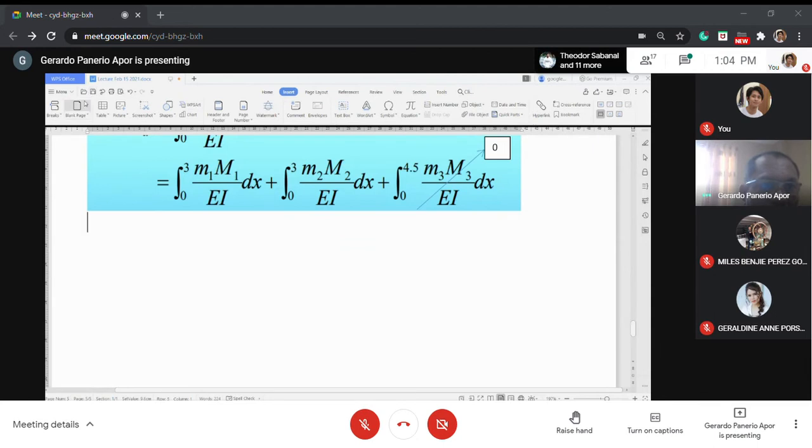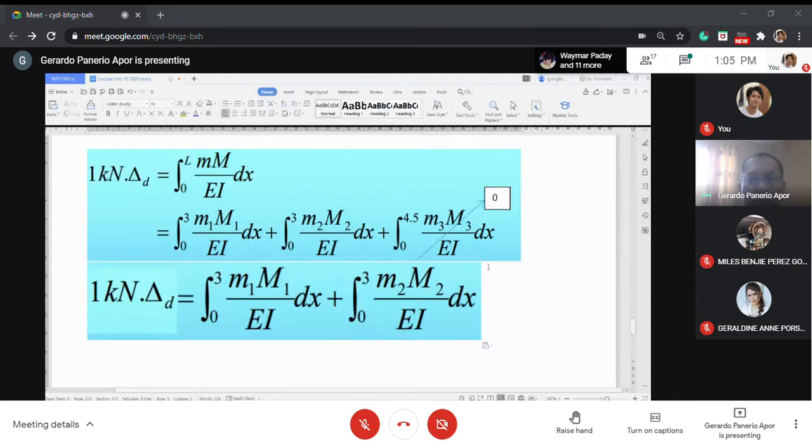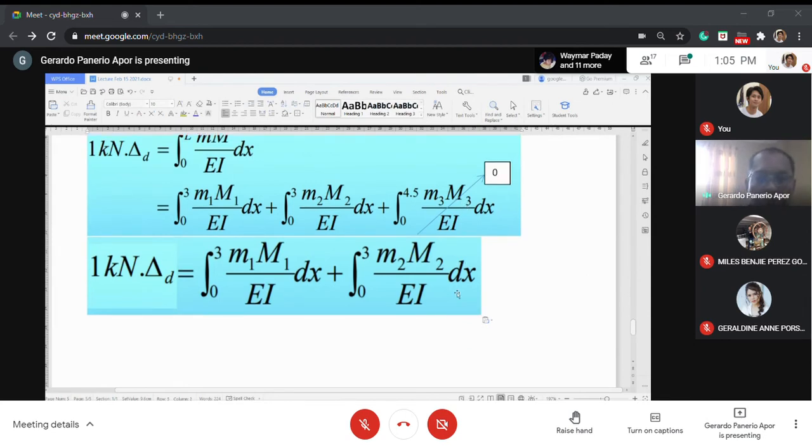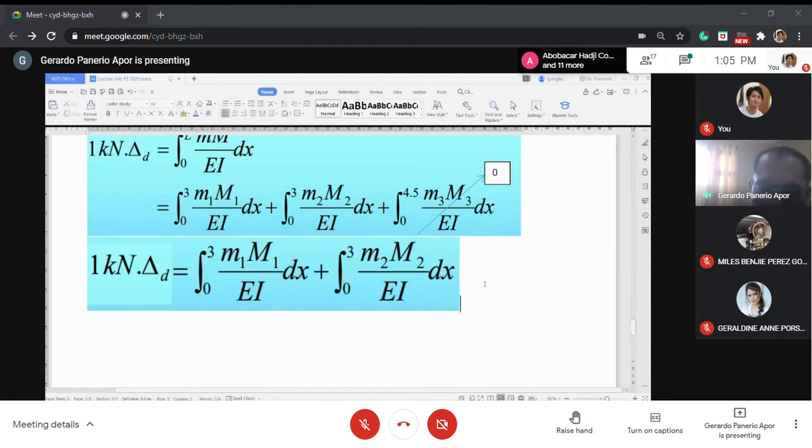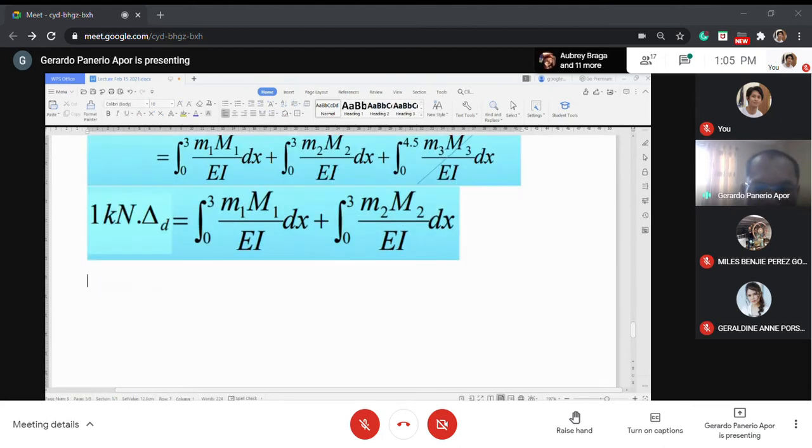The other one is 0. And then continuing, as you know already, small m1 and big M1, you just multiply them. So finally, you will have this one.